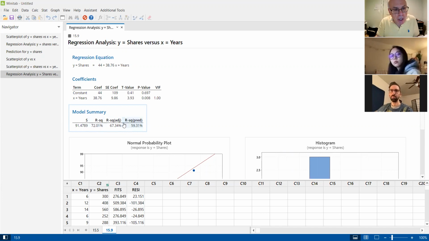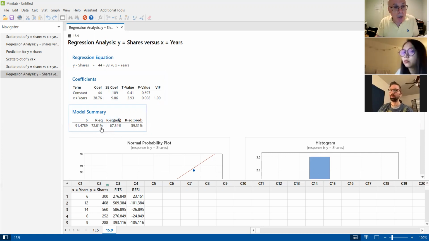These other two that are mentioned here, let's not even bother with that in this case. We're just going to look at the R squared and just know what it means. All right, it means 72% of the variation of the Y's, of the dependent variable, is explained by the model, which is, what is the model? One predictor variable, and that's the number of years of service.